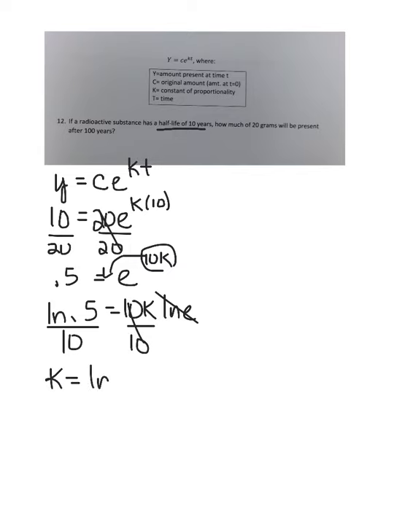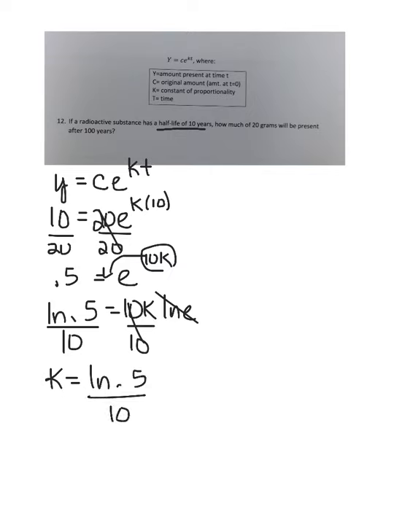So I have ln of 0.5 equals 10k times the ln of e, and remember the ln of e is just a 1. So then we can divide out here by 10, and there's my k value. So my k is the ln of 0.5 divided by 10.